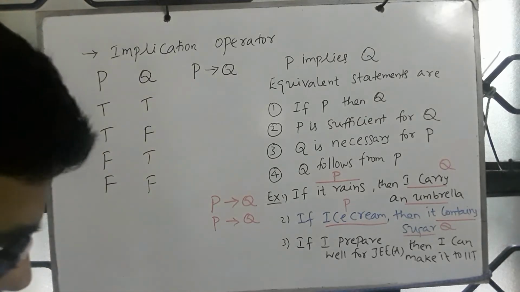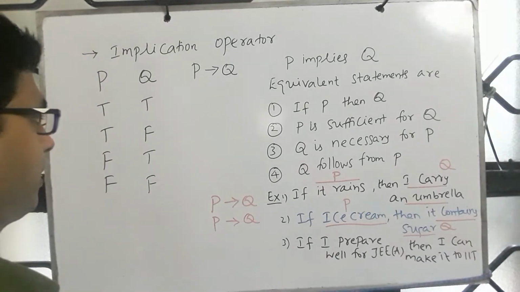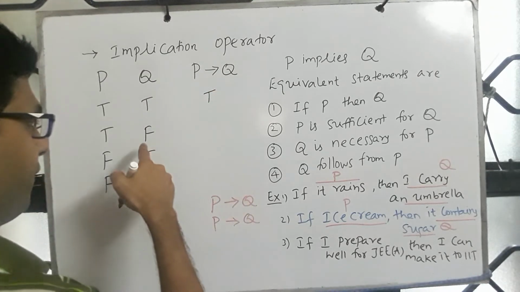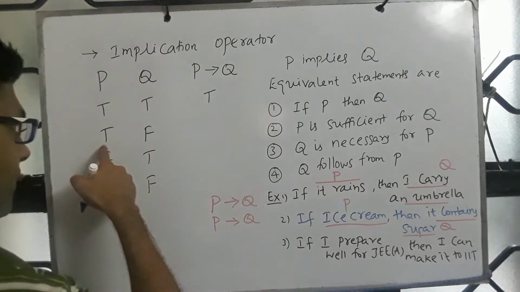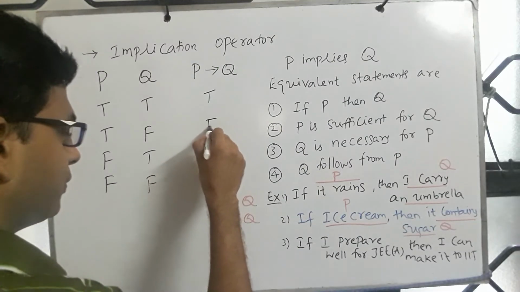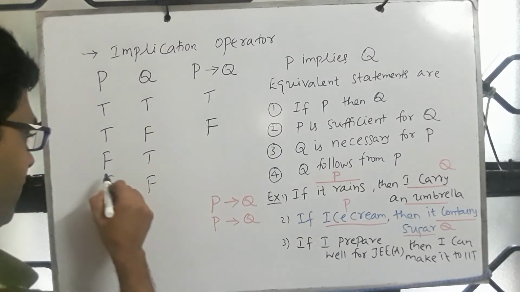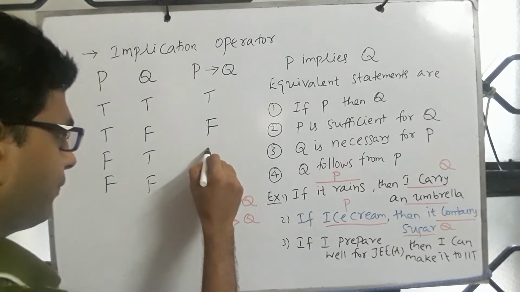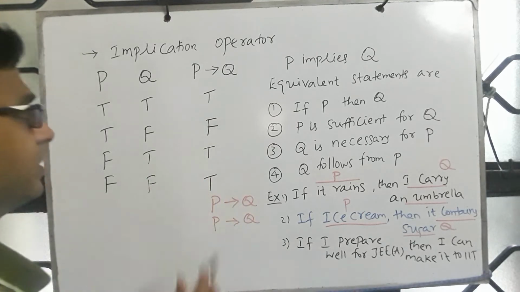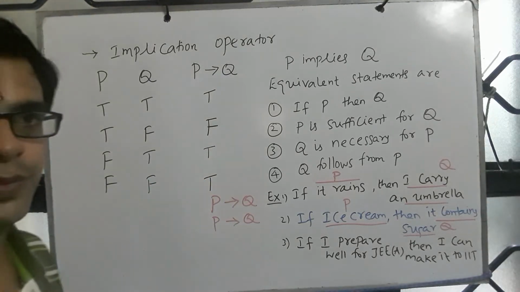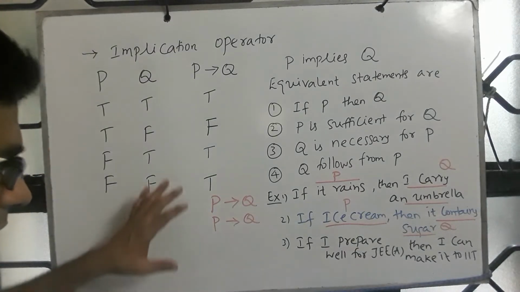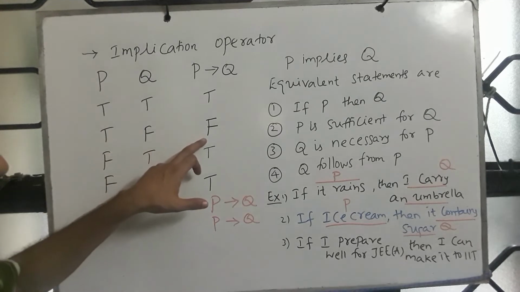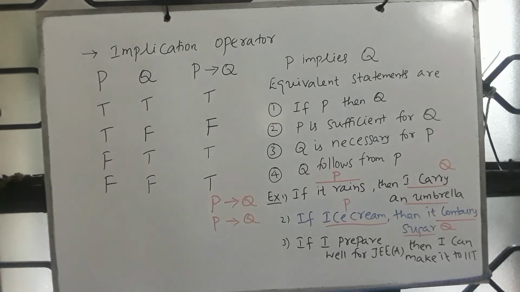Interestingly, when both are true, it is true. When P is true and Q is false, the truth value is false. When P is false, irrespective of the value of Q, the statement P implies Q is evaluated to true. We will see some more examples. We will see in detail why this is false, and the rest are all true.